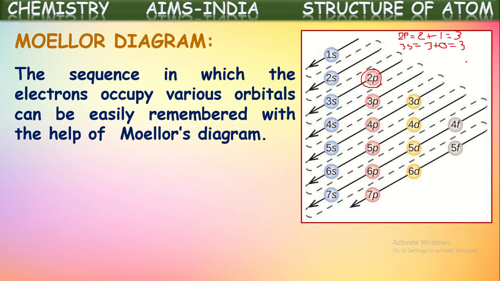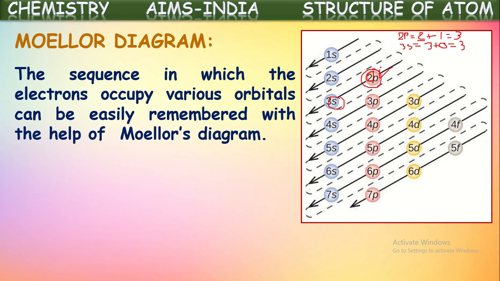Now, as there are two orbitals with the same n plus l value, the orbital with lower n value is filled with electrons first. So out of these 2p and 3s, which is having lower n value? This 2p. This 2p is having lower n value. So it is occupied with the electrons first.